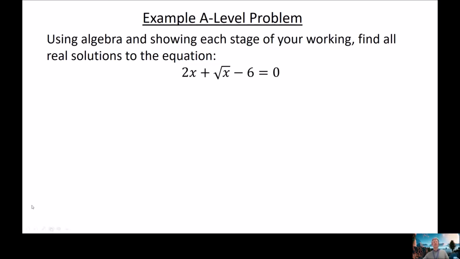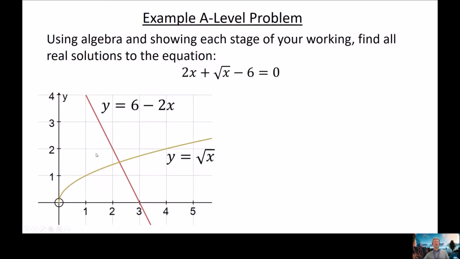So what I'm going to do is click on that little box just there, and see if I can get my little interactive pen to come up so I can write. There we go. So we normally have two ways of approaching equations. You can think about them graphically and you can think about them with algebra. What we've got here is a line in red and a curve in yellow.